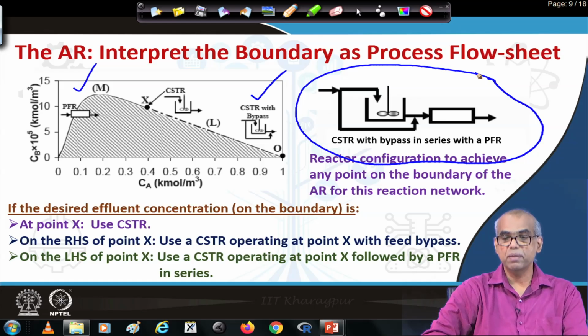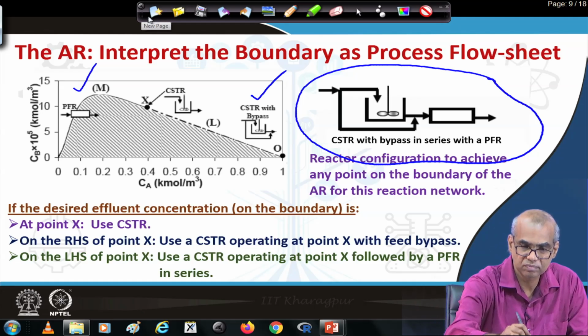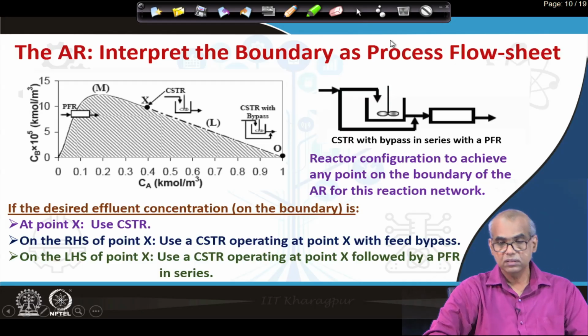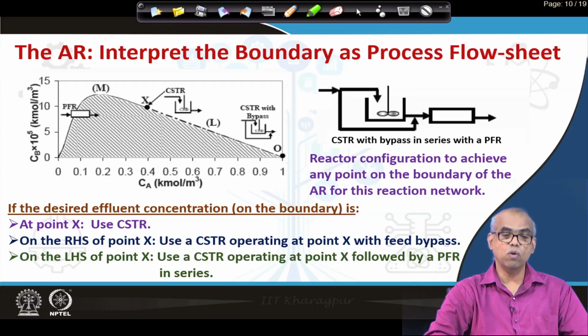A CSTR with bypass in series with a plug flow reactor can be used to achieve any point on the boundary of the attainable region for this reaction network. So, we obtained our reactor network structure that needs to be used to obtain any point on the boundary of the attainable region.